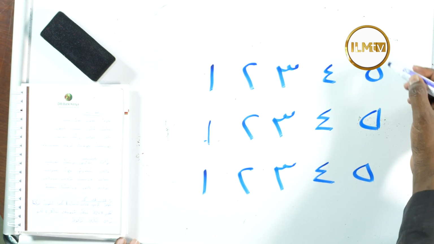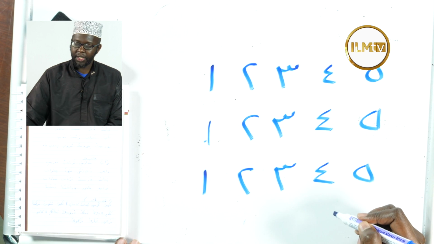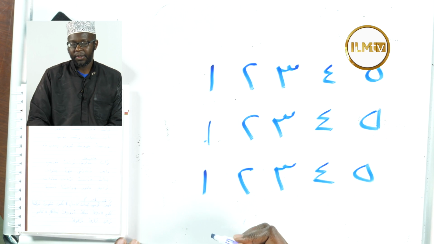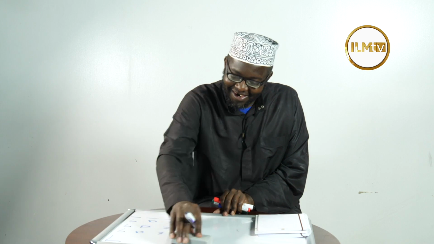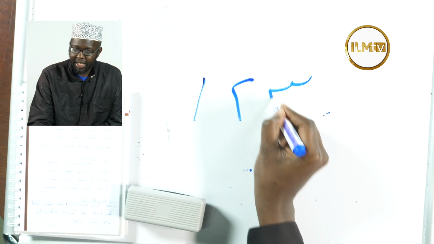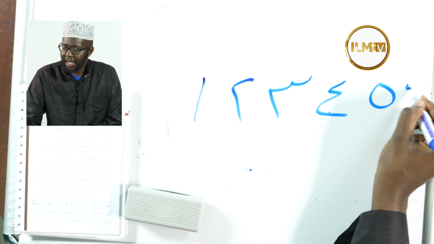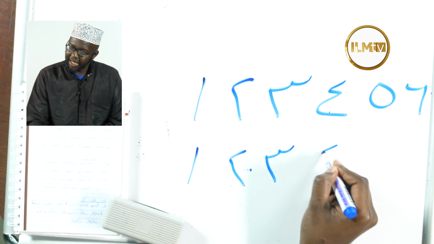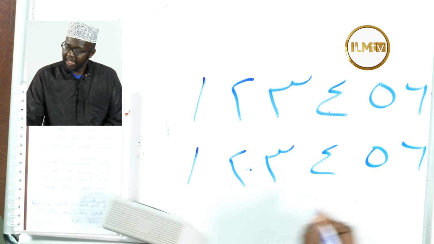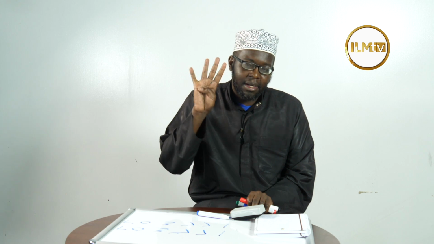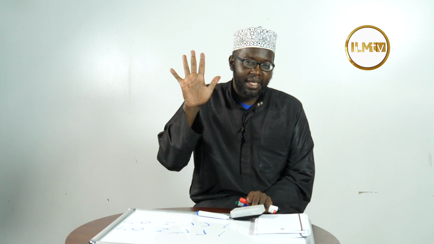So we have 5s and 4s and 3s and 2s and 1s. Then 1, 2, 3, 4, 5, 6.